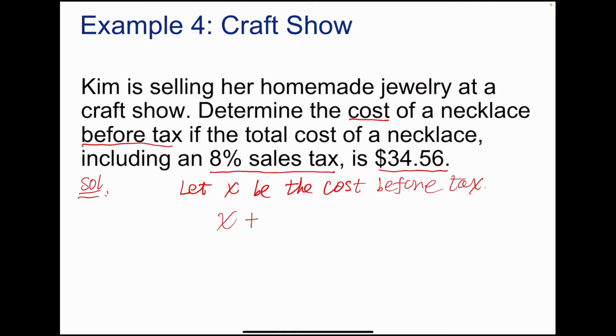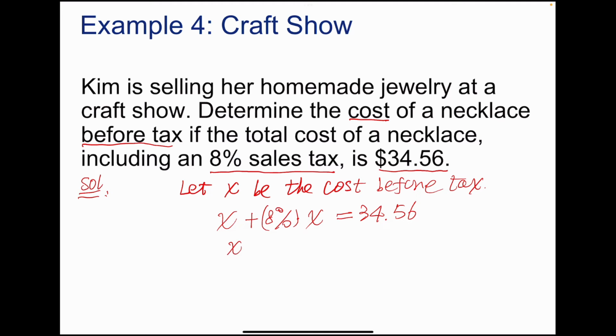Now we need to add the tax on. So the tax, 8%, means just 8% times x, right? So that will be the total cost, the pre-tax cost plus tax, and this equals 34.56.